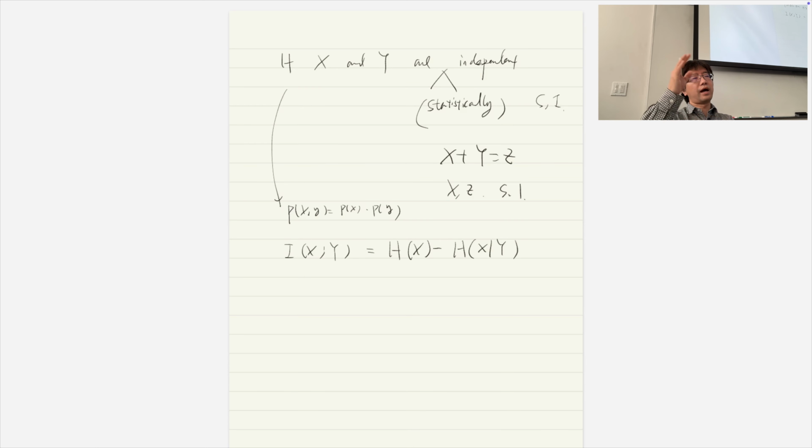Because X and Y are statistically independent, p(x given y) equals p(x), so this just equals H(X), and the mutual information equals 0, which makes sense. If Y is independent of X, then knowing Y will not tell you anything about X.